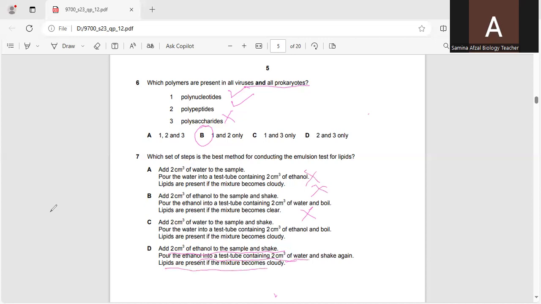If lipids are present, the mixture becomes cloudy. D is the correct option, in which the correct sequence of the test is given. The first 3 options are wrong. Now I would like to move towards question number 8.